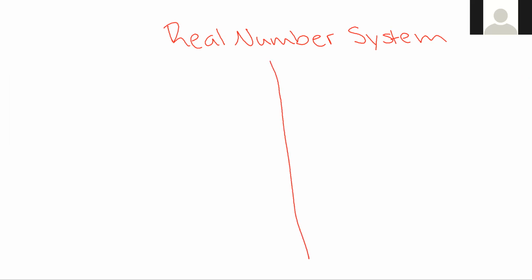Your first part is going to be your rational numbers. And then you have the opposite of rational numbers, which is irrational numbers. So if you're in the real number system, you're going to be rational or irrational.